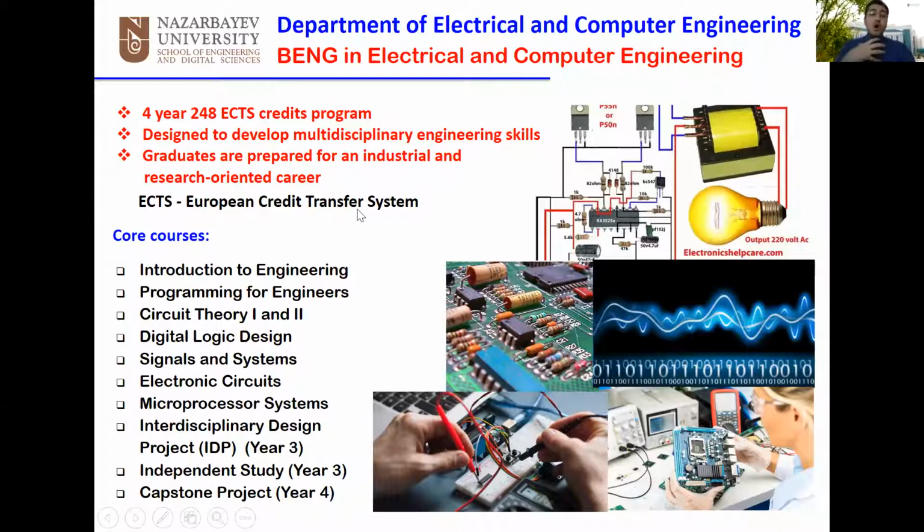The courses in our ECE department during these 4 years are designed in a way to develop multidisciplinary engineering skills for our students. What does multidisciplinary mean? It means that when you graduate from the electrical and computer engineering department, you are able to join industry, or you are able to continue your education in a higher degree, and you have knowledge to support the other disciplines as well.